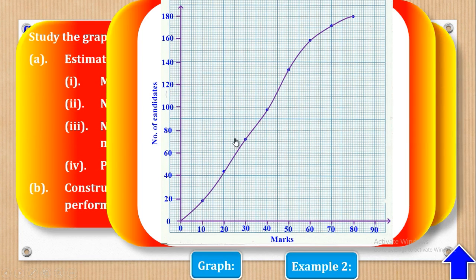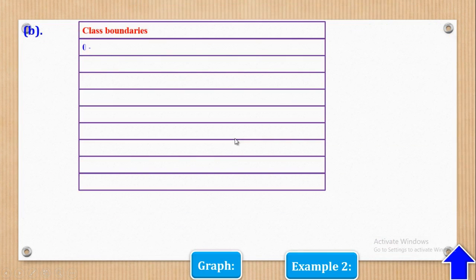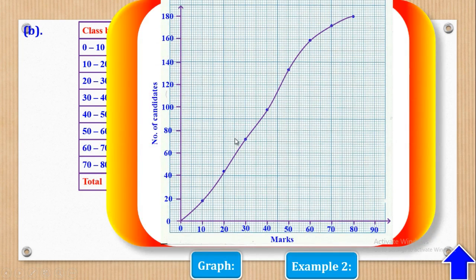So we shall come and draw that and put 0 to 10, 10 to 20, 20 to 30, 30 to 40, 40 to 50, 50 to 60, 60 to 70, and 70 to 80. Okay, so I realize that we have stopped at 80 because our last value stops at 80, so this 90 is not needed.